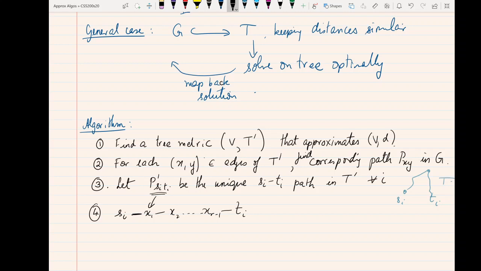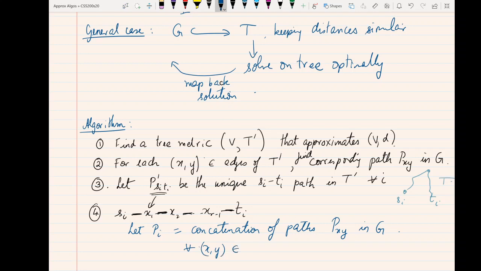Now each of these adjacent edges in the tree corresponds to a path in G. So the path that you will choose in G for routing from Si to Ti is the concatenation of paths Pxy in G for all xy which are in this SiTi path.